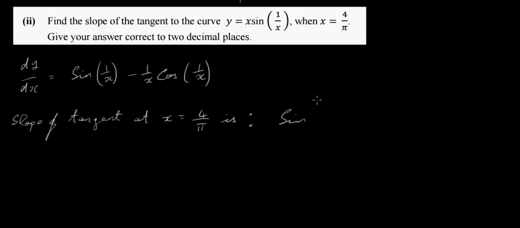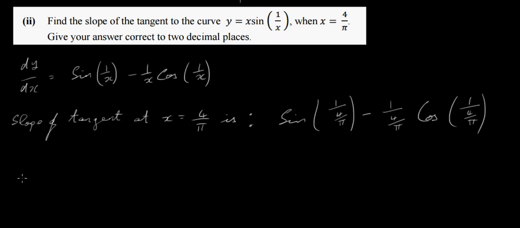Our slope of the tangent at x equals 4 over pi is sine of 1 over 4 over pi, minus 1 over 4 over pi, cosine 1 over 4 over pi.